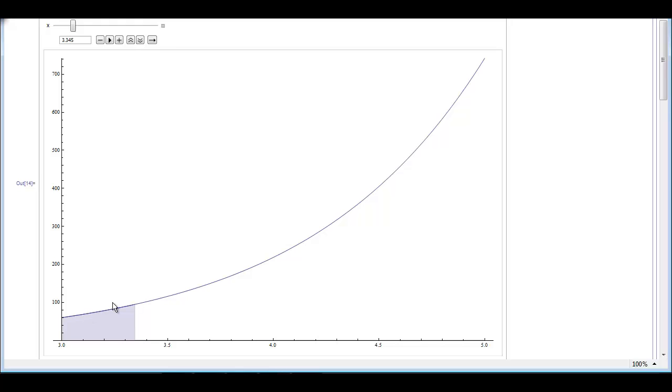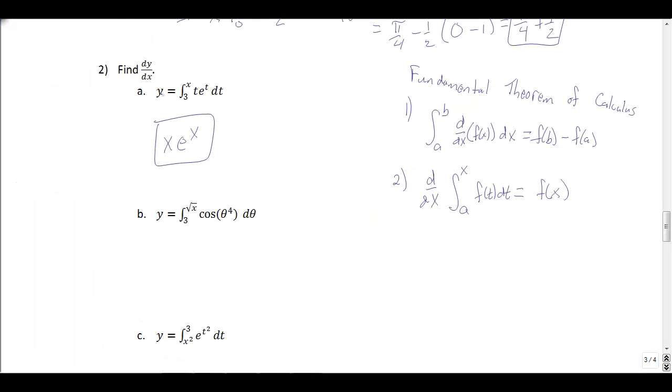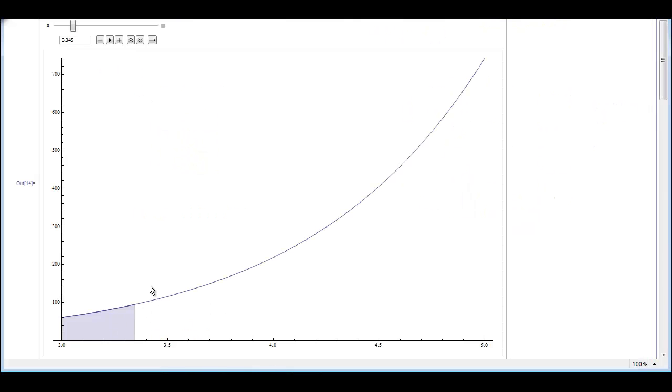So here, I've got a graph of that function. It was t times e to the t, and I'm going from 3 to x here. So y is really the shaded area under this curve, and I've got this slider up here where I can move x around. There's x equals 3, so that's no area, and I can get more and more y here.